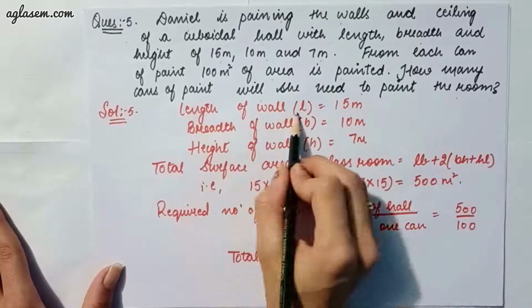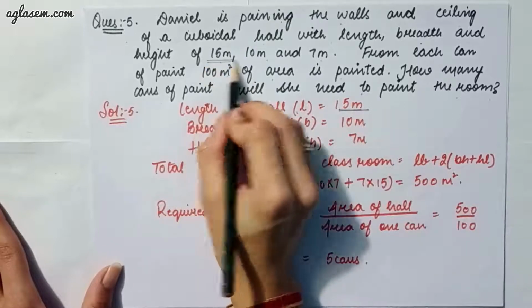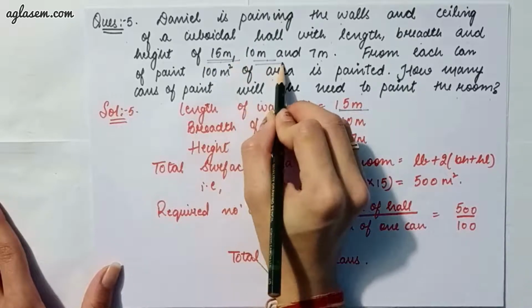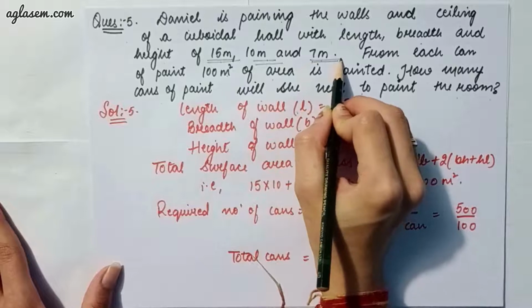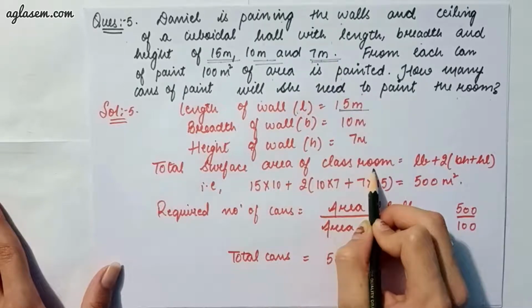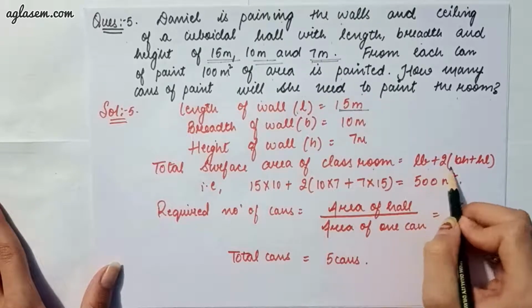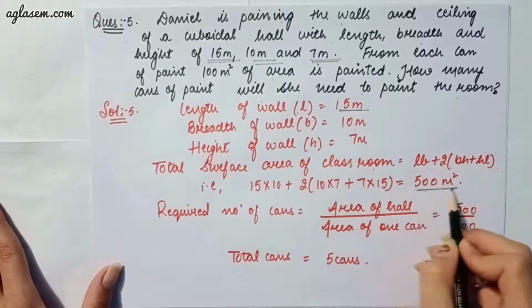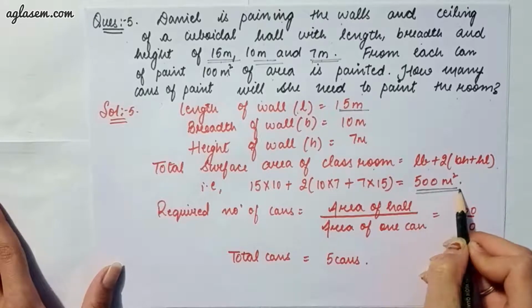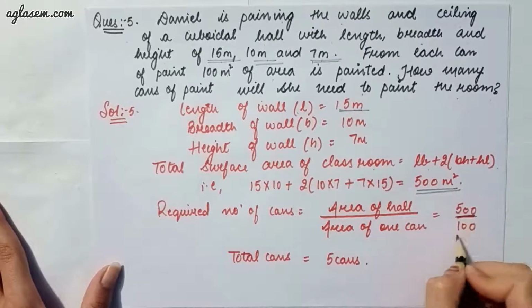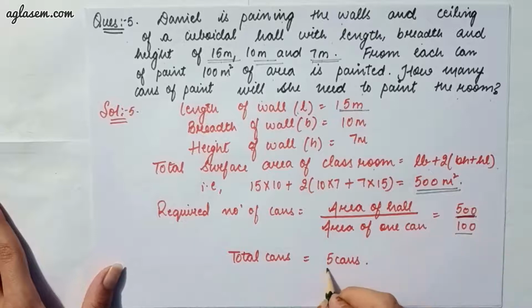The length is 15 meter, breadth is given and height is given. By applying the surface area formula, that is LB plus 2 into (BH plus HL), we get 500 meter square. So the required number of cans will be the area of the hall divided by the area of one can, that is 500 divided by 100. So we have a total of 5 cans.